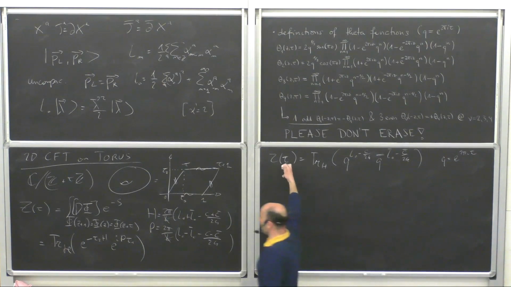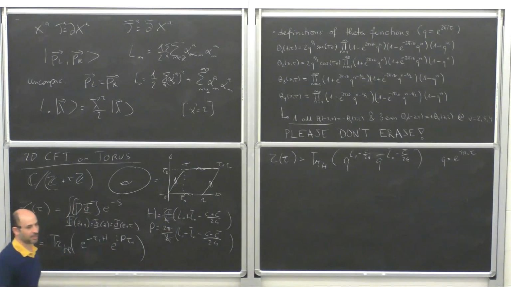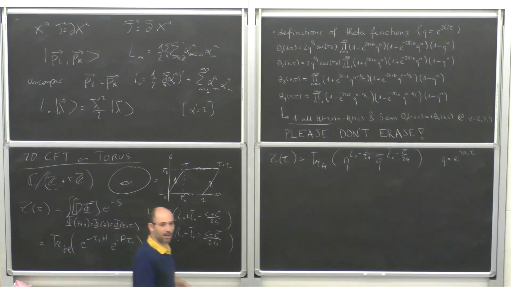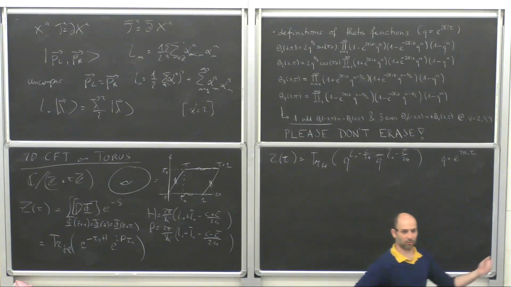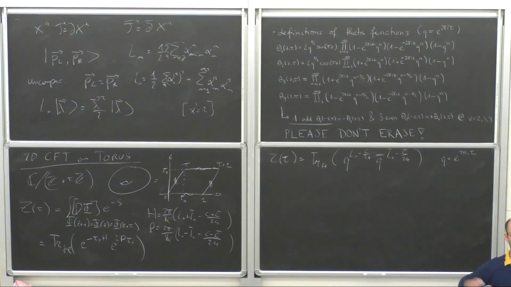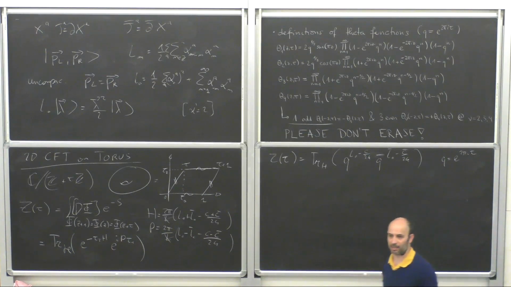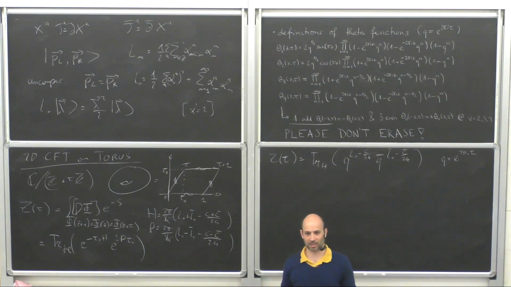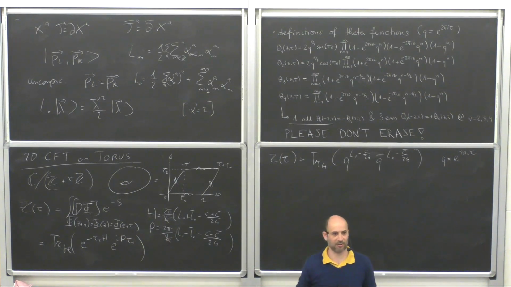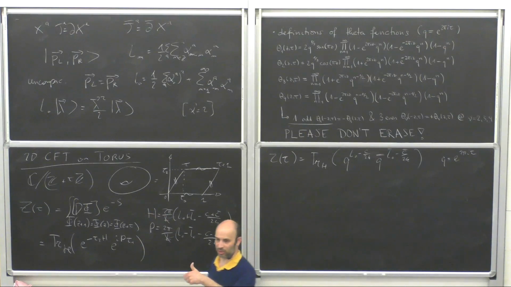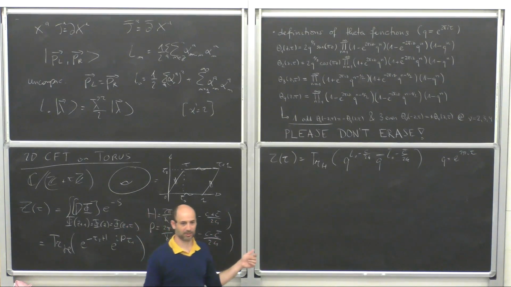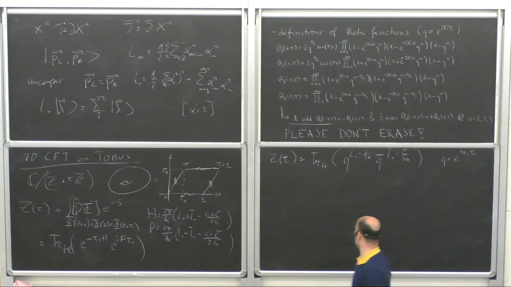Now, the theory is conformal. This thing should be invariant under conformal transformations. So this depends on tau, but we know that when tau is related to tau prime by an SL(2,Z) transformation, then the two tori are conformally equivalent. There's a conformal transformation given by rescaling the variable z by c tau plus d, as Oliver said.